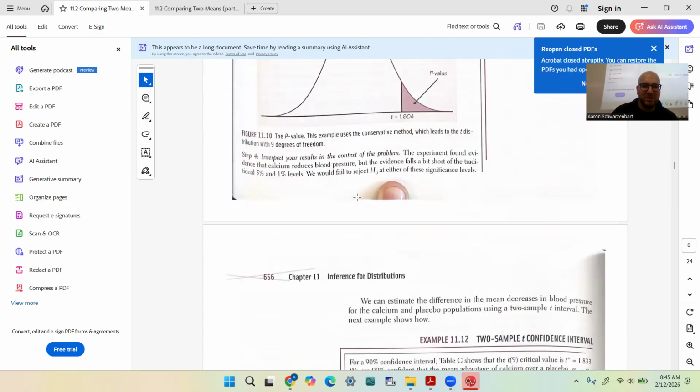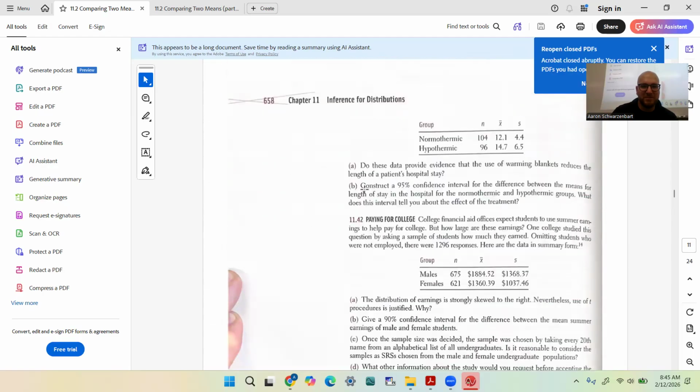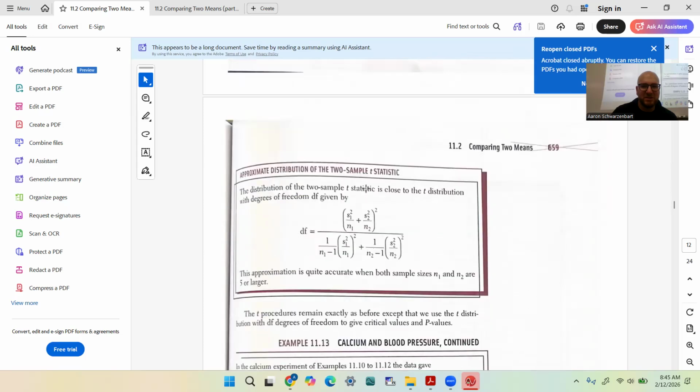I'm going to skip ahead a little bit and show you that's the formula for actually calculating degrees of freedom. You can just let your calculator do it for you.